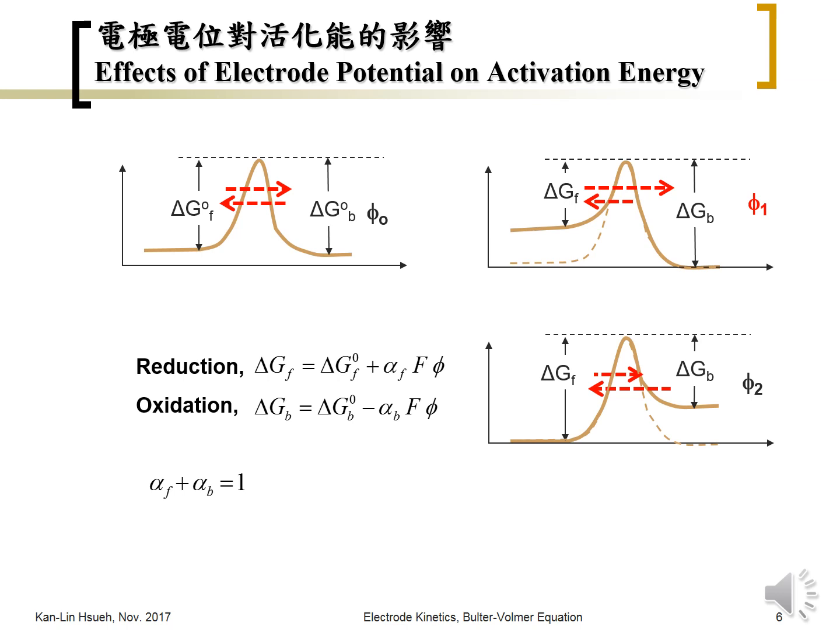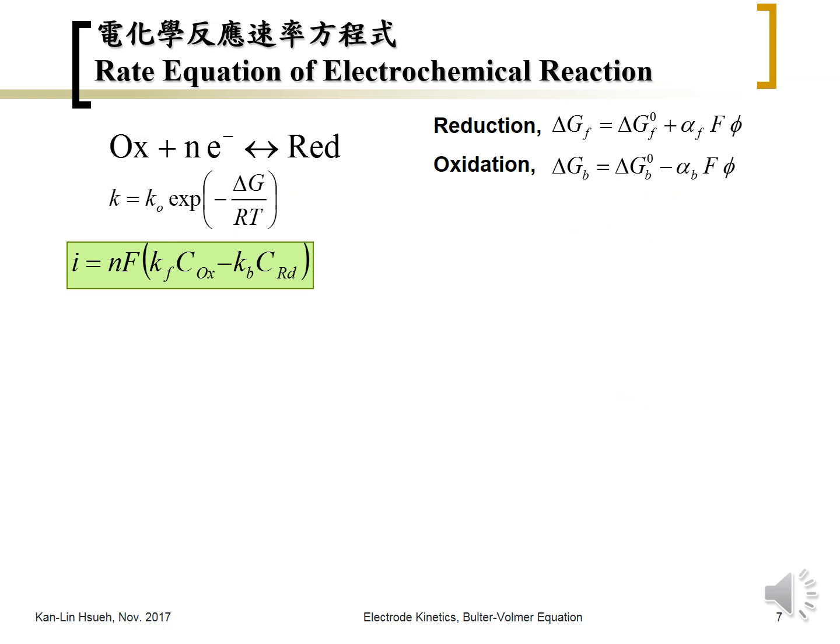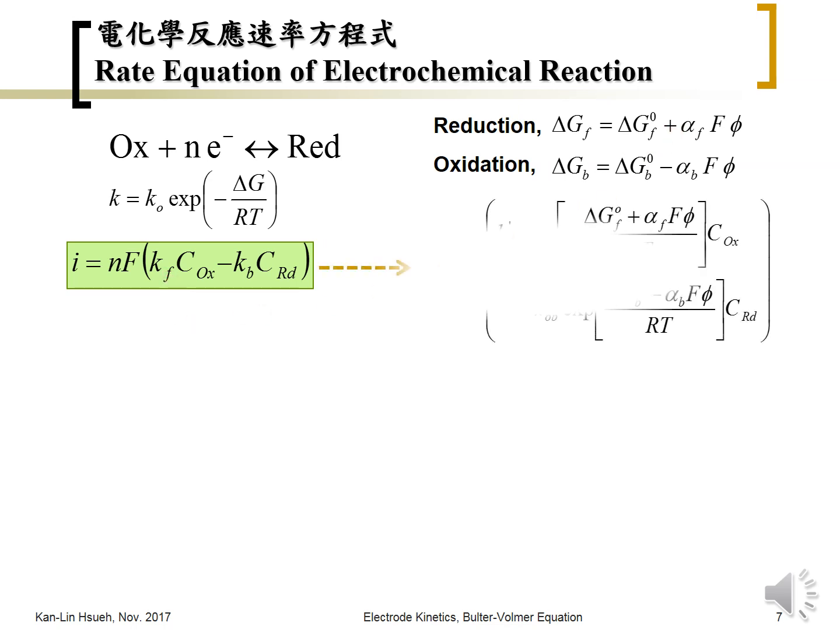Let's go to the next slide. You can see that for the reaction rate over here, the rate constants for the forward and backward reaction we can express by using the Arrhenius equation, and the free energy or the activation energy depends on the electrode potential. So we substitute this into this equation, then it will come out like this.